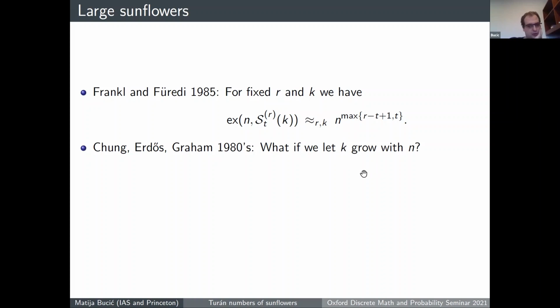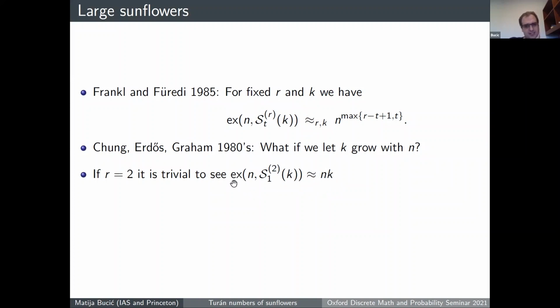So let me tell you what we do know. In the 2-uniform case, this is fairly trivial, because there is only one interesting sunflower, which corresponds to forbidding this star with k edges. This is equivalent to asking how many edges you can have in a graph which has maximum degree less than k. The answer to this is just roughly nk, and it's fairly trivial to even determine it precisely.